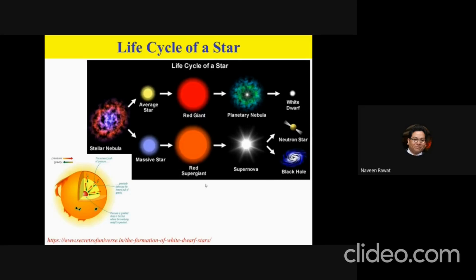Okay, that describes that if the mass of this progenitor star is less than 1.4 times the mass of your sun (so this M with this dot describes the mass of the sun in our solar system, which is about 2 times 10 raised to 30 kilograms), then for any star that is starting with mass less than 1.4 times the mass of the sun, this will lead the star to become a white dwarf.